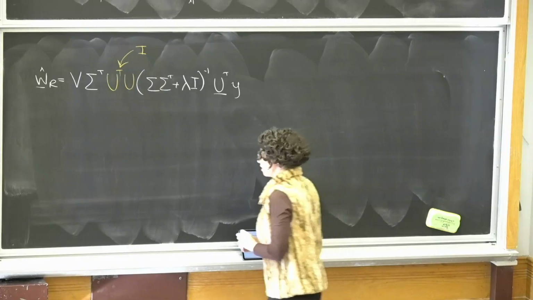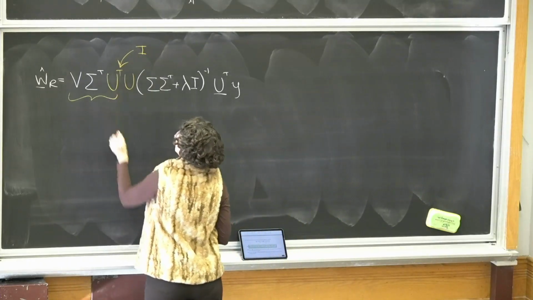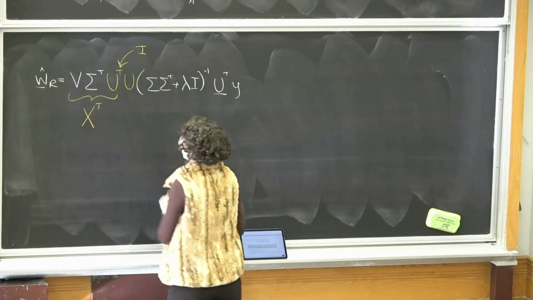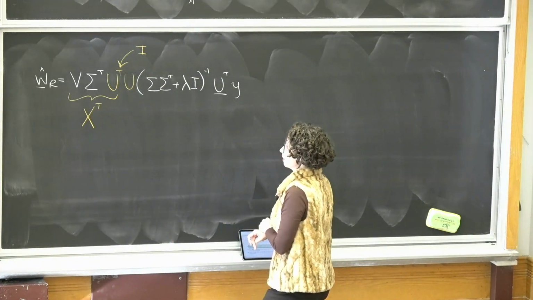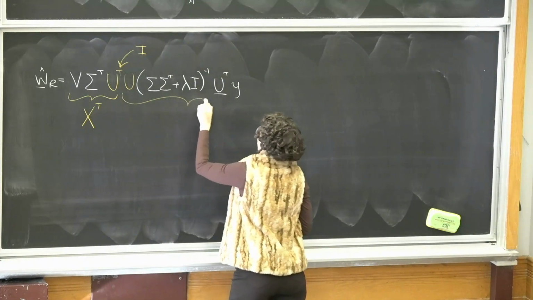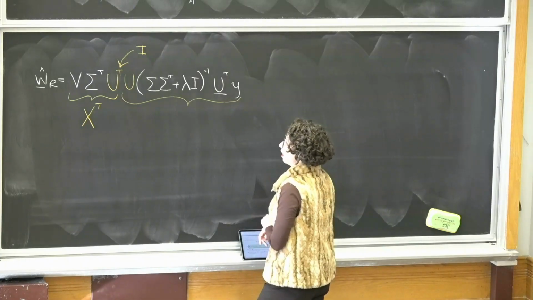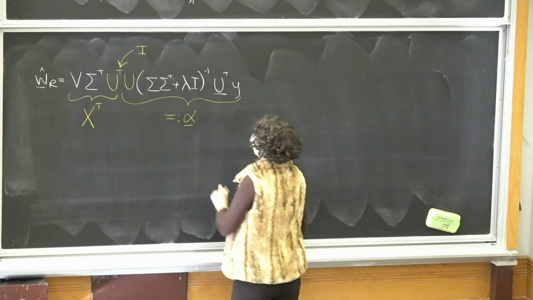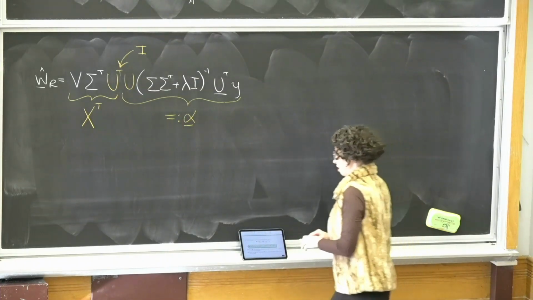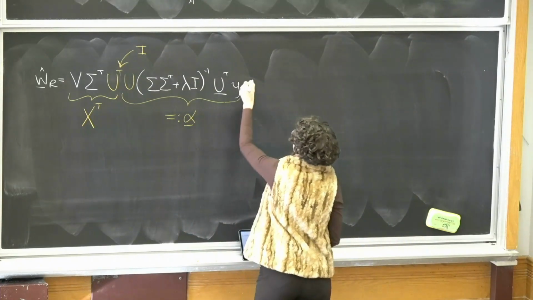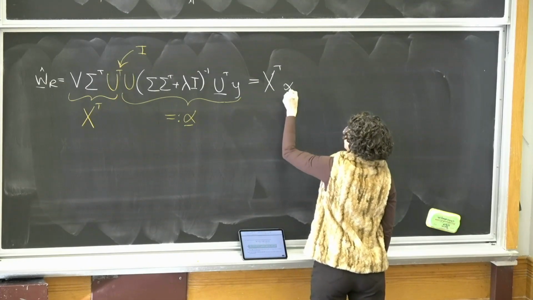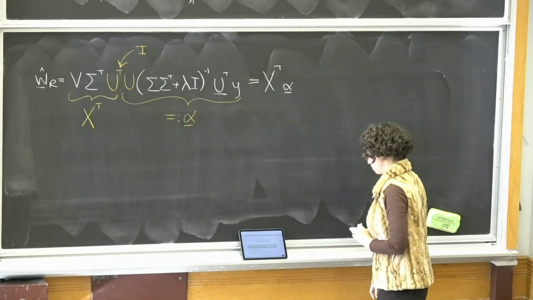But this is helpful because now I can say, hey, this first product here, this is just exactly the same as X transpose. And everything else, including the Y, I'm going to just call alpha. Okay, so I'm saying now that I can write my ridge regression estimate as X transpose times this vector alpha.